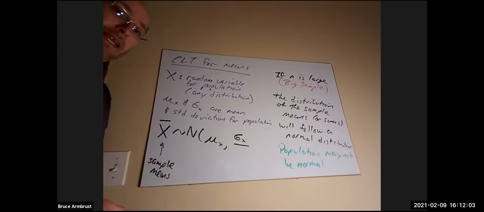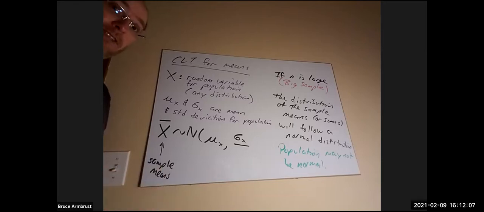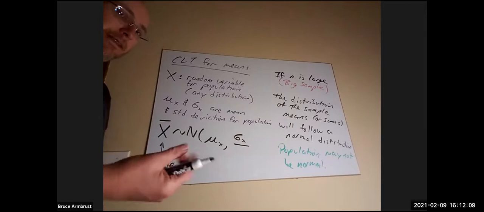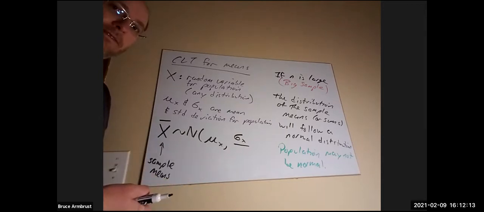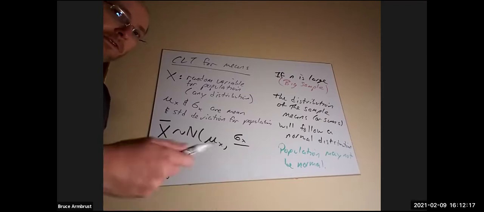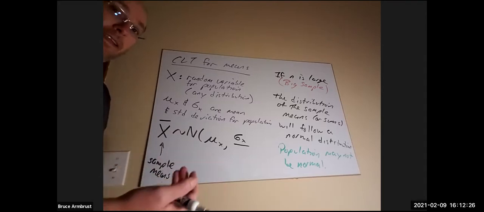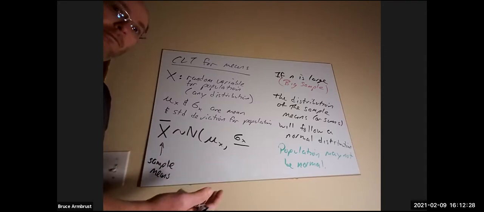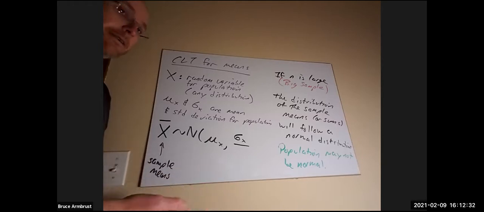I can randomly end up choosing someone that plays basketball professionally. If I randomly pick LeBron James, he's going to be a bit taller than the average adult male. Same thing for someone shorter. I could grab Peter Dinklage, the guy from Game of Thrones, and he's going to be shorter than the average adult male.